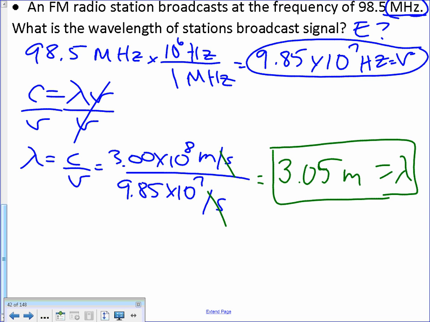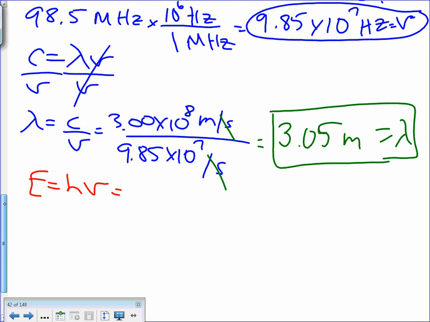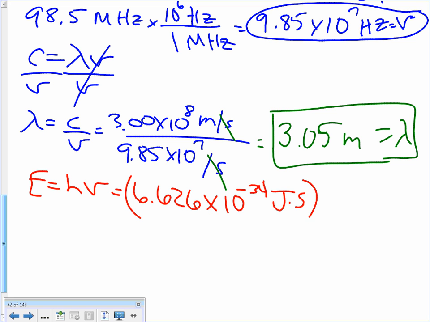And then how do I get energy? Well, I get into the second one. You're right. Perfect. E is equal to hv. What is h? 6.626 times 10 to the negative 34 units, joule seconds, right? They will haunt you people, okay?